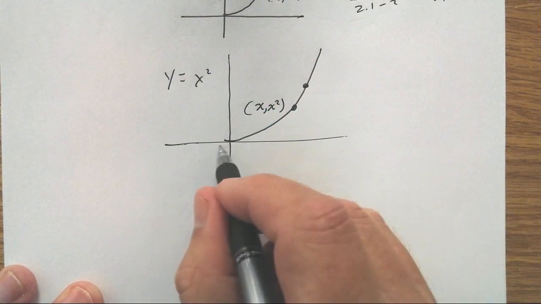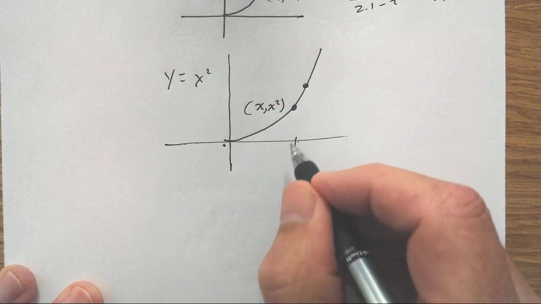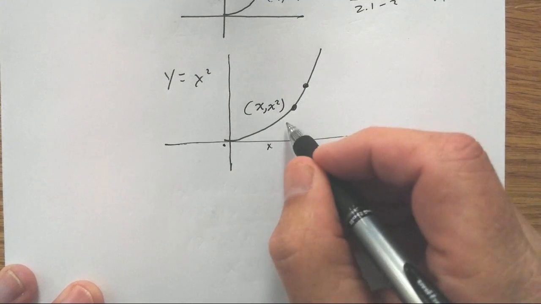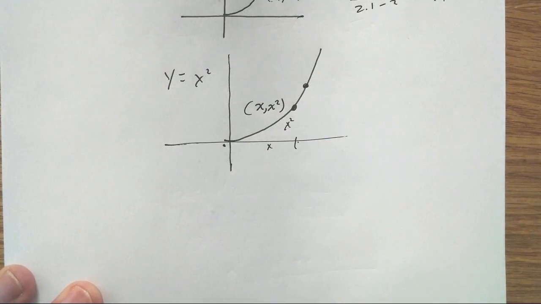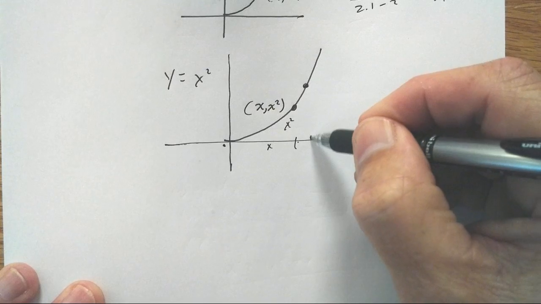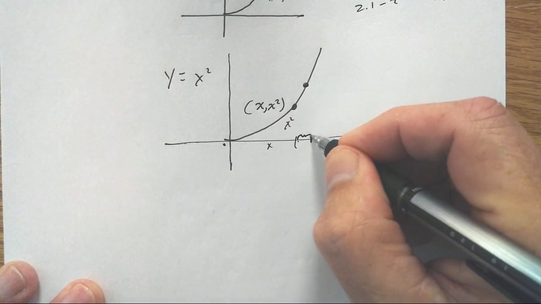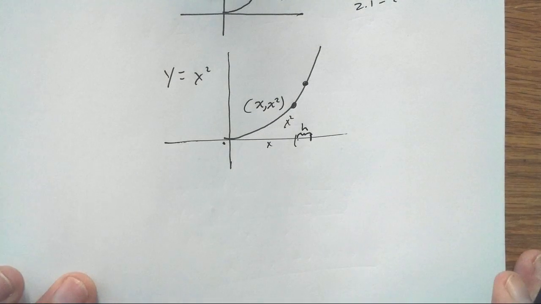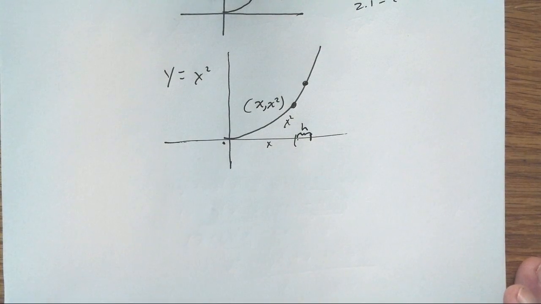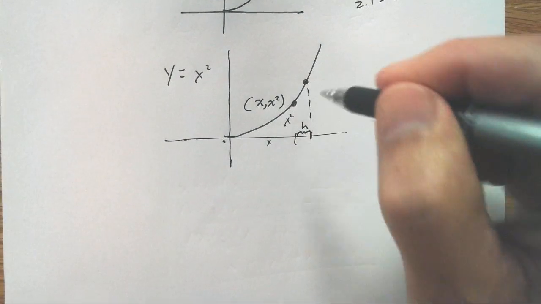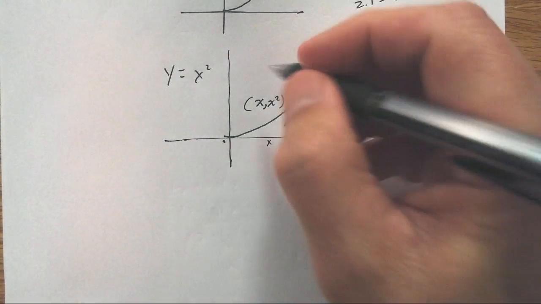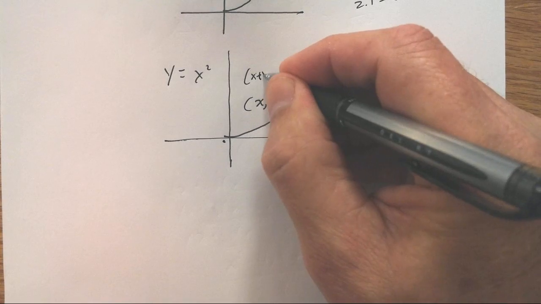So this just represents, to get from here to here, I went over x, and then the height is x squared. I'm going to choose a point that's just over a little bit more. I'm going to say this distance is h. Why h? Why not? It's a good variable. It's a good letter. So this point right here, to get to it, I've gone over x plus h.